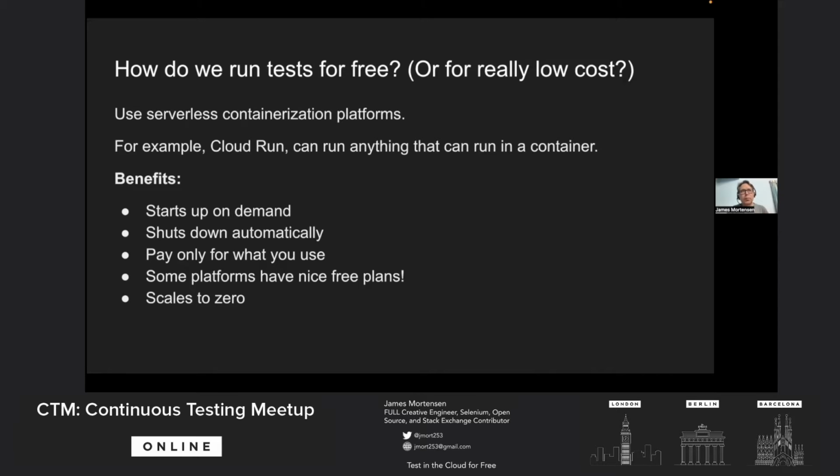I put some numbers into it, and it said basically that my cost would be 0. But in practice, I found that there were some hidden costs on Cloud Run. Most of the costs went to network egress. So I believe that was just the cost of the traffic coming from the container's web browser out to the public internet. But it wasn't much. It was basically like the cost of a cup of coffee. So it wasn't a lot.